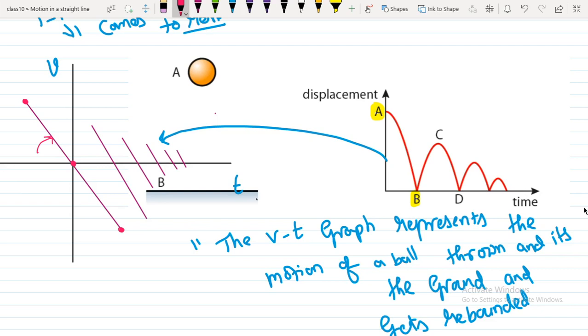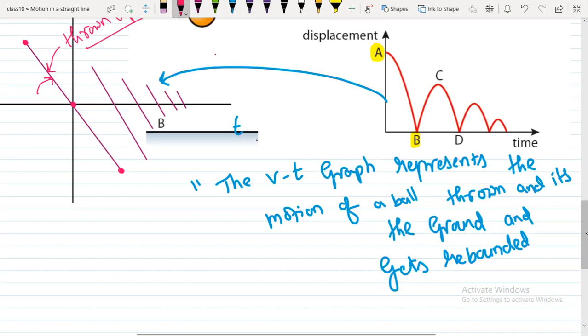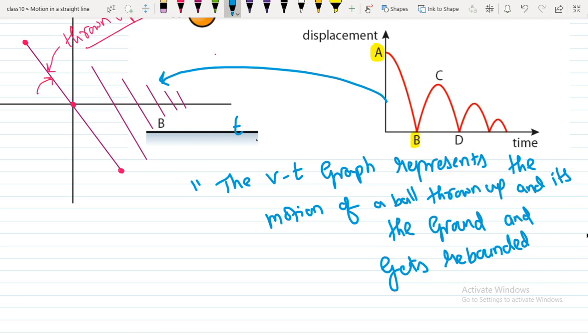So this line represents the object thrown up. So I add a sentence: an object thrown up, and it hits the ground and gets rebounded.